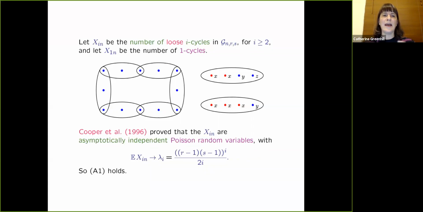So asymptotically counting the loose cycles is the same as counting all of the cycles of a given length. So we can just use these lambda i for loose cycles as well. So A1 holds. Again, we're 1/4 of the way there.